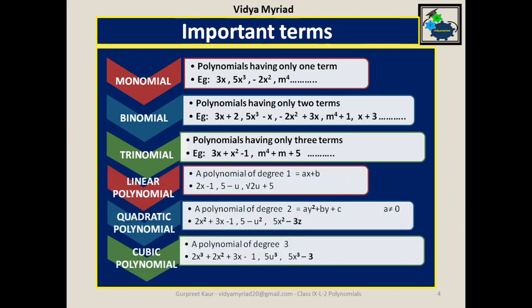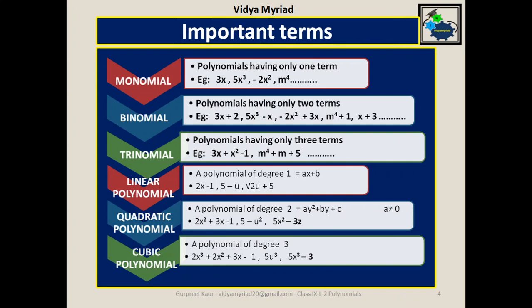Next are the linear polynomial, quadratic polynomial and cubic polynomial. This is the case where you check the degree of the polynomial or the variable. In a linear polynomial, the highest degree of the variable will be 1, so it is in the form of the expression ax plus b.